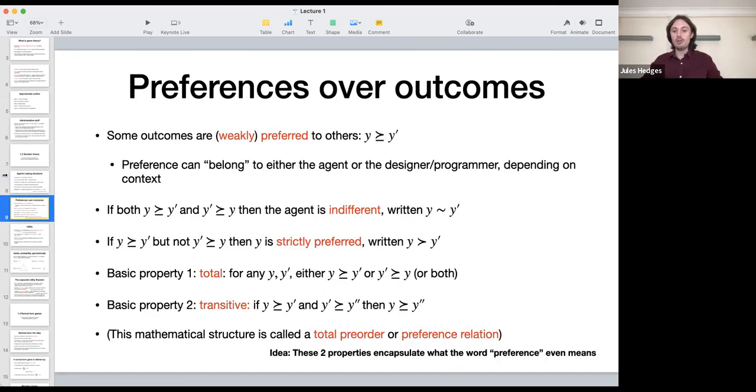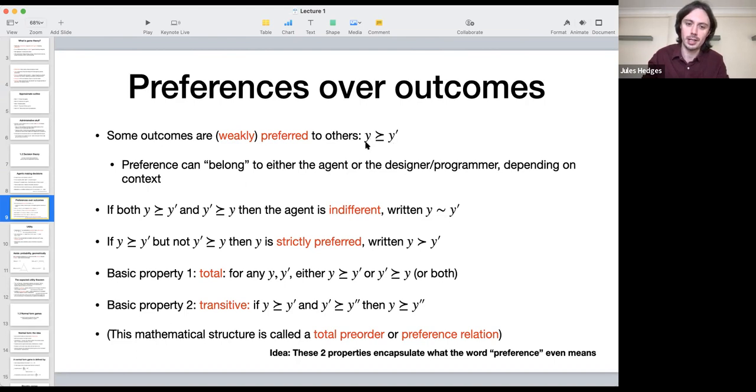Now on outcomes, we're going to have preferences, and by we I mean either the agent in question can have preferences, or if the agent is a program, these preferences could belong to the programmer, and this is heavily context dependent. So if y and y prime are two different outcomes, that is to say two different elements of Y, then we can say that y is weakly preferred to y prime.